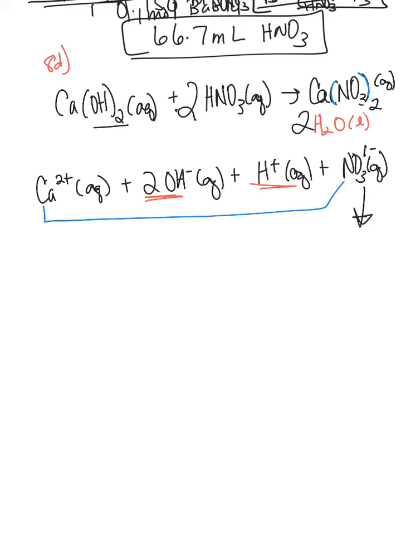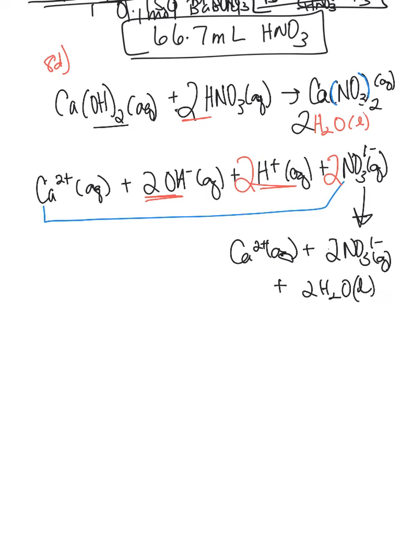So let's make sure over here we balance it with 2 H pluses and 2 nitrates. And then this goes to calcium. Oh, no, we've got to break that into our charges. So calcium 2 plus, 2 nitrates, plus 2 waters.